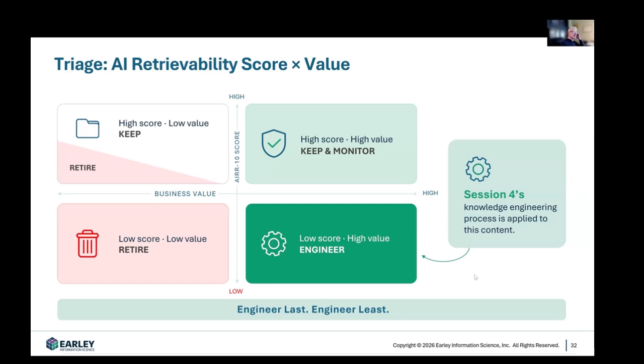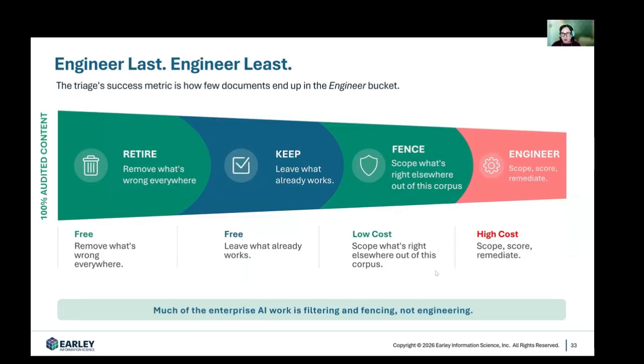So again, it's the stuff that's critical, right? Yeah. And I was actually going to go right there and say this is a different view of that, right? It's a sideways funnel. If you take 100% of your audited content and you're dropping it off in 4 buckets as you slim it down, you want to retire what you can first. You want to remove what's wrong everywhere. That's free, right?